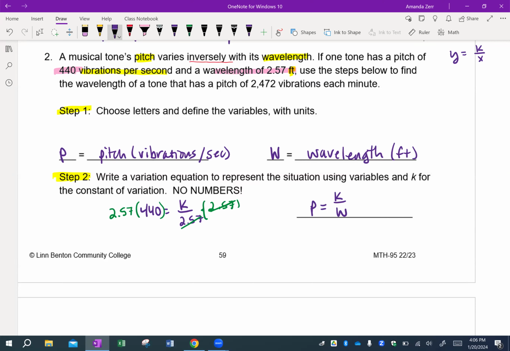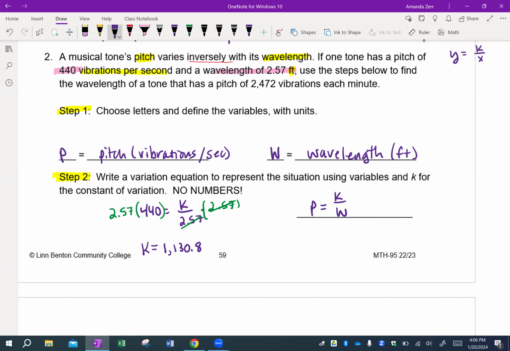And that gives us what our k is worth, which is, let's see, about 1,130.8. And that is in vibrations per second times feet.